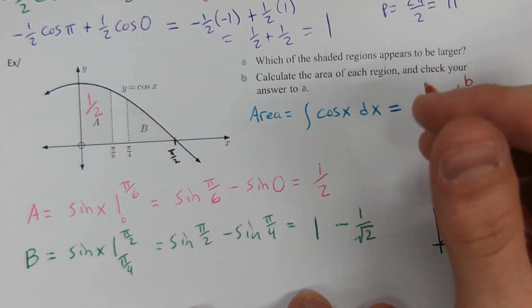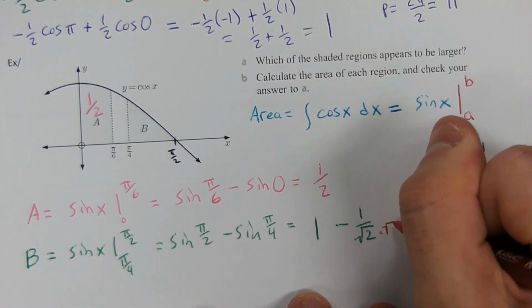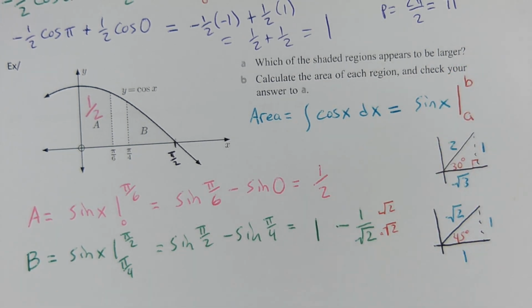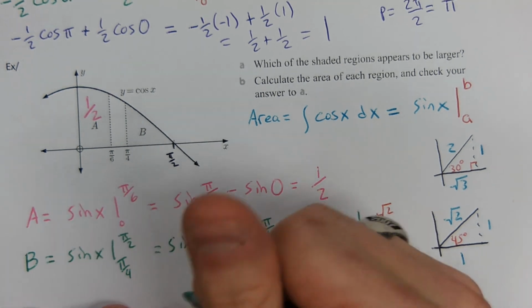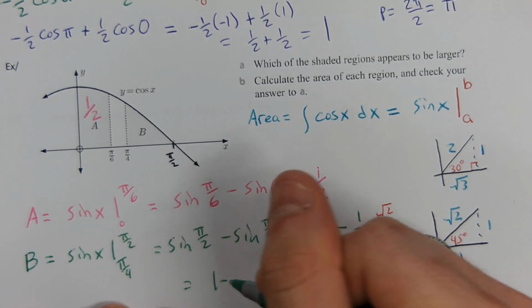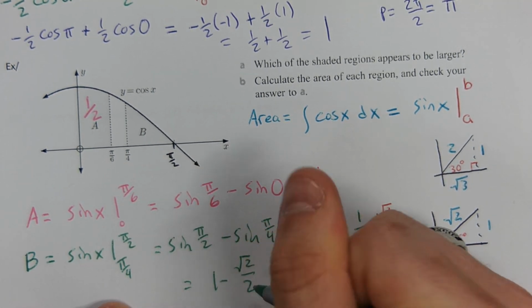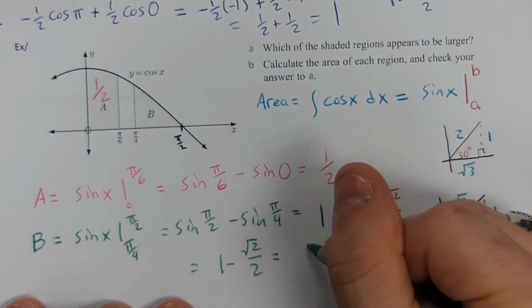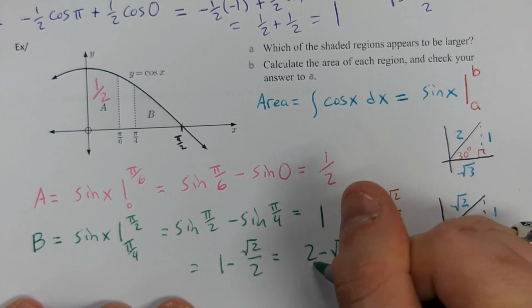I'm not very good at seeing that. That gives me root 2 over 2. So 1 minus root 2 over 2, and if we call 1 a 2 over 2, we get 2 minus root 2 over 2.